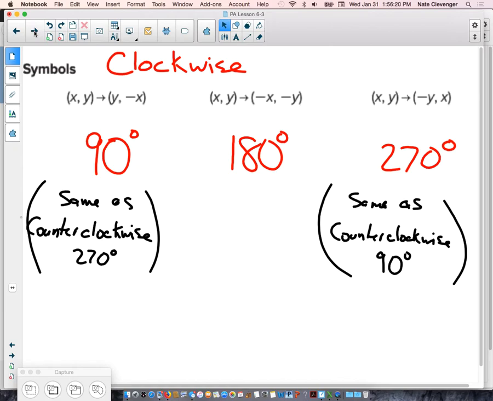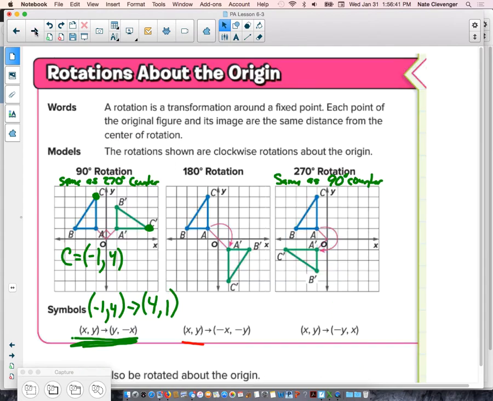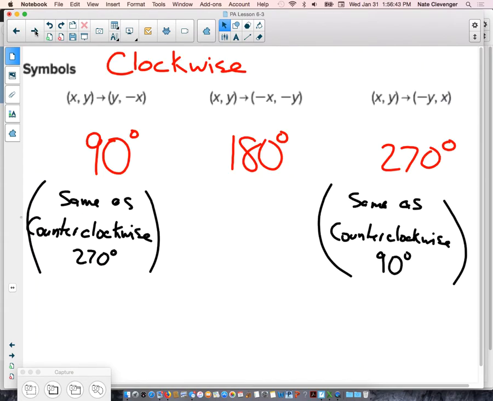The middle one is your 180-degree clockwise notation. This far right one is a 270-degree clockwise rotation. We want to write these down because it's going to make what we did on these problems, this one in particular, super easy.